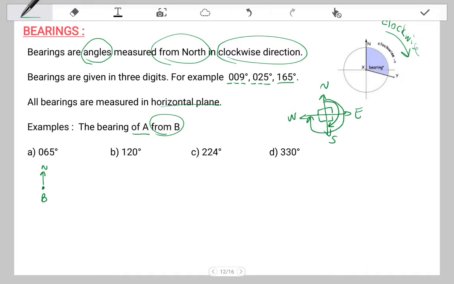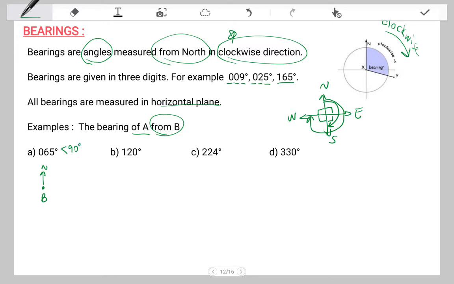Okay, let's go back to our example. So I labeled B and I put north on top of it. And in a clockwise direction, very important, in a clockwise direction, I will start to turn until I reach 65 degrees. So 65 degrees is less than 90.